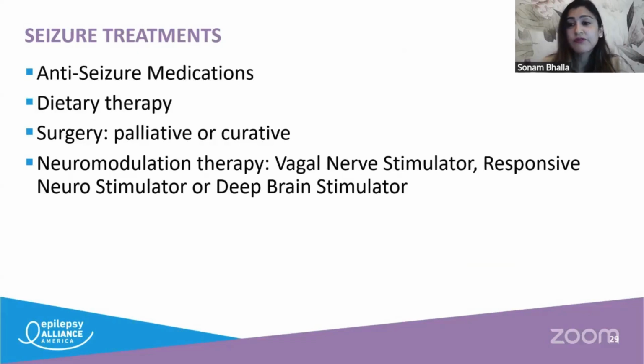Sometimes, if the medicines are not as effective, we can do different kinds of dietary therapies. Now, these dietary therapies are specifically for treatment of epilepsy, so I'll talk a little bit more about that. When medications or dietary therapy are not helping, or say you have a lesion in your brain that we know is why you're having seizures, then surgery can sometimes be curative.